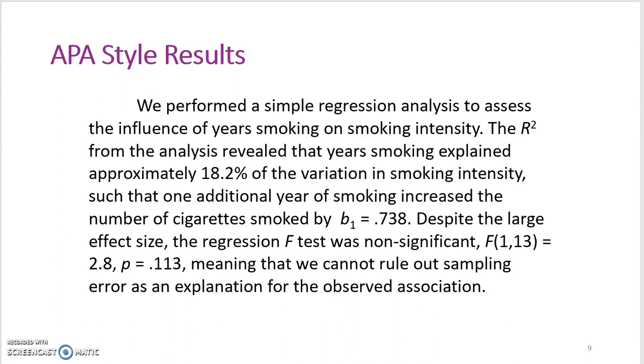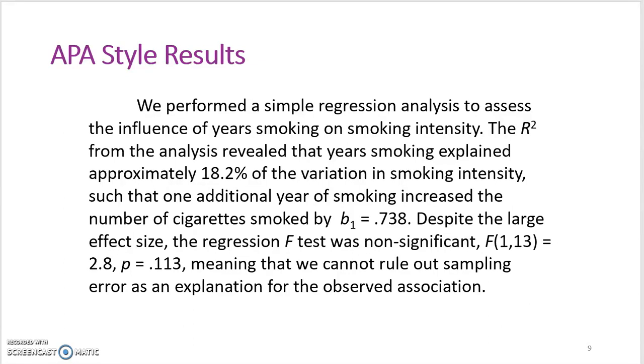Now, let's talk about how we would report these results in APA style. There is a slightly nuanced interpretation of these results over maybe other results that we might get, because as you recall in the last video lecture, although we saw what looked like a positive relation in the plots, the overall test was not significant, and the test of the B1 coefficient was not significant.